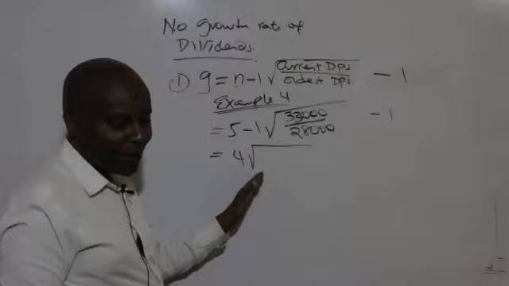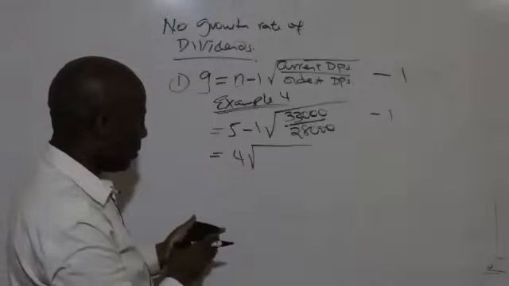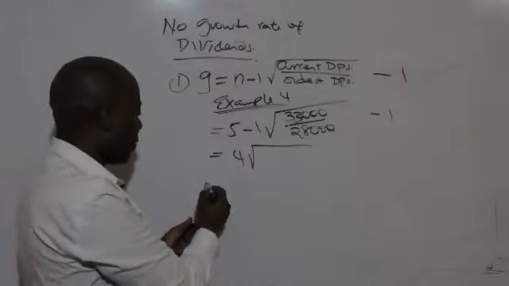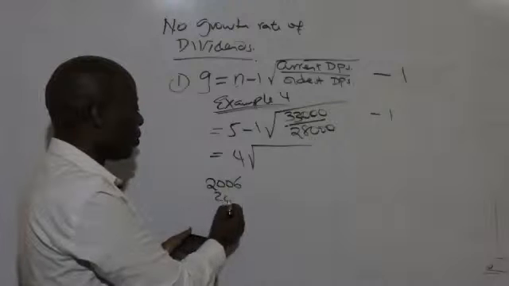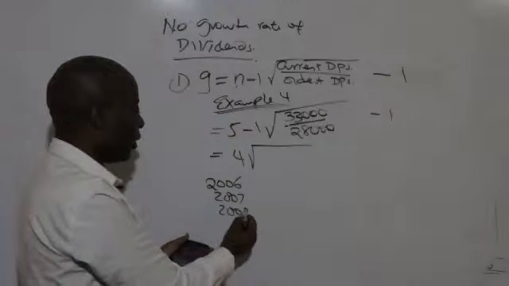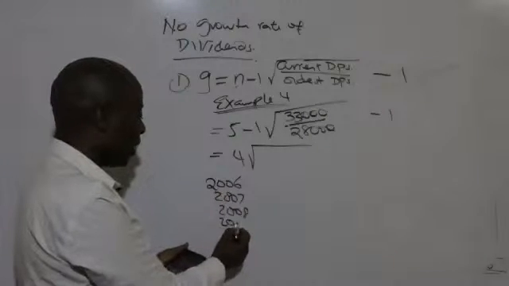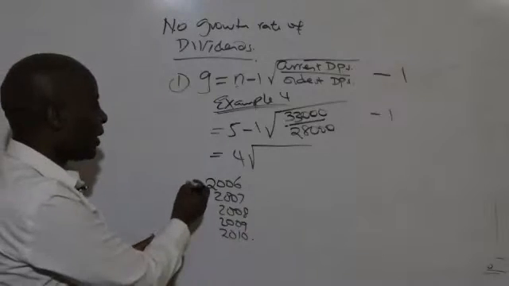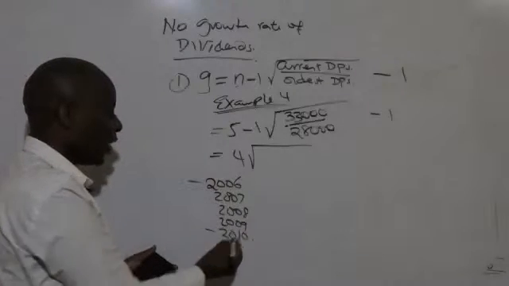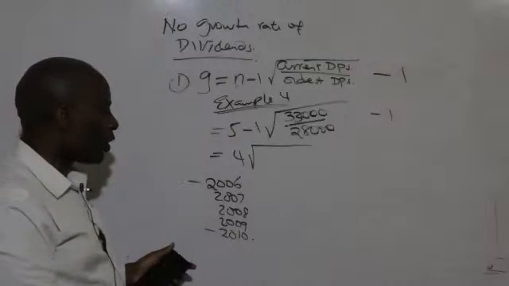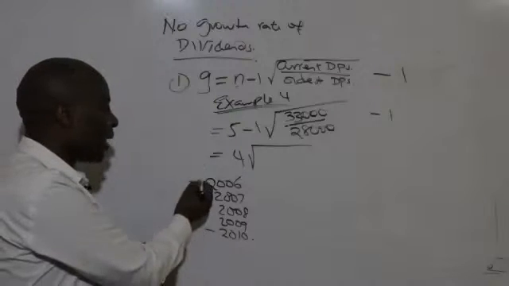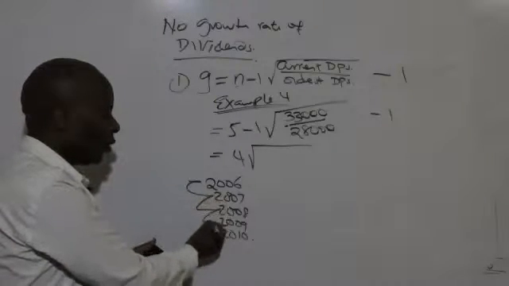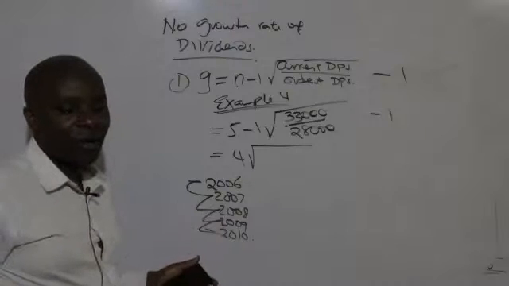Why less 1? It's because, ladies and gentlemen, you see we have 2006, 2007, 2008, 2009, 2010. They want the difference in terms of timing from here to here. So if you don't want to be less than that, you can count these as 1, 2, 3, 4.